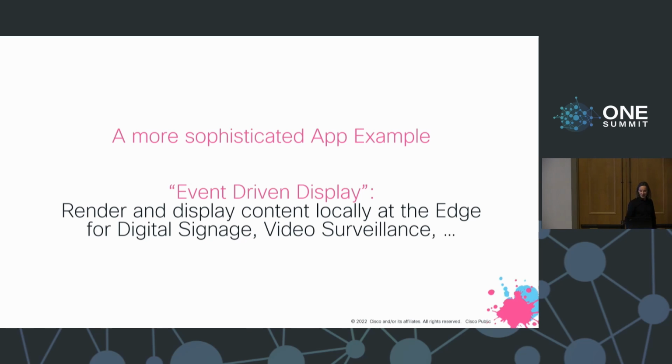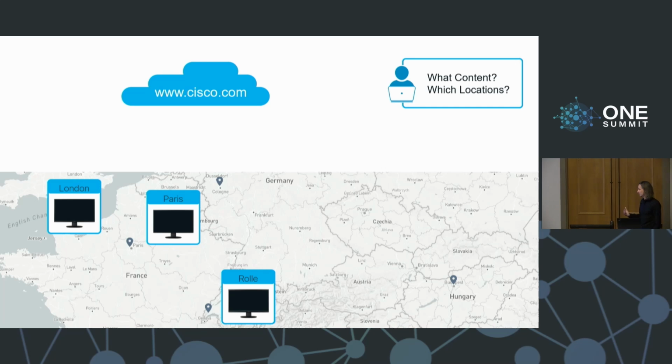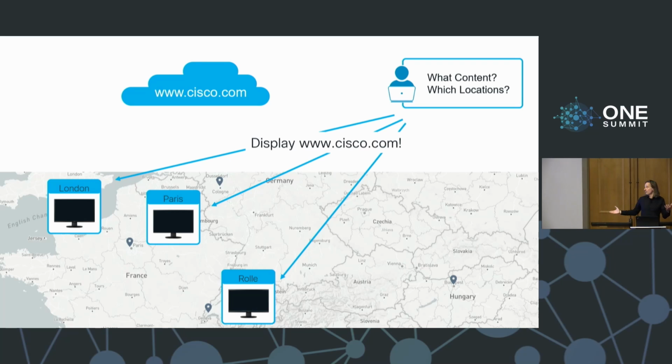And from an access pattern perspective, it's very edge native again. Like you're specifying in some dashboard what content to which locations, and then these locations will fetch that state. Like I say, go and display Cisco.com.